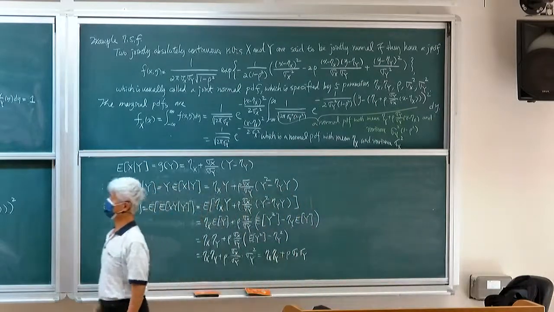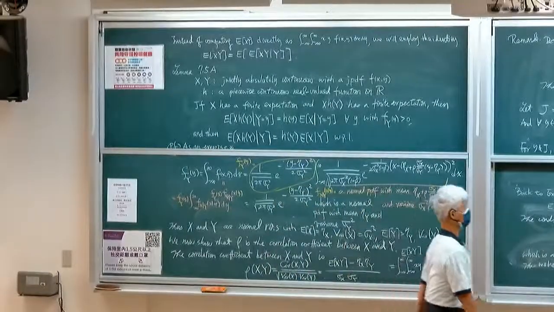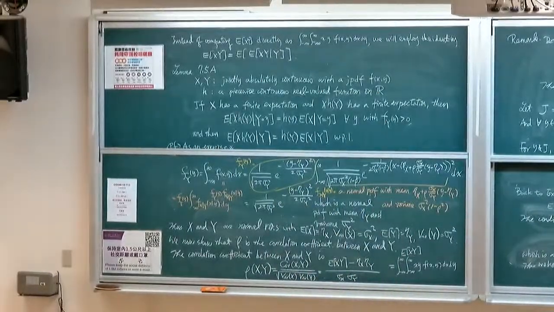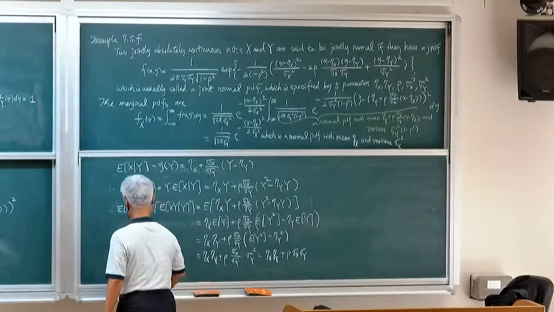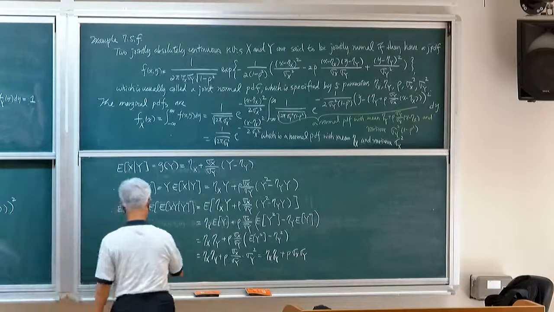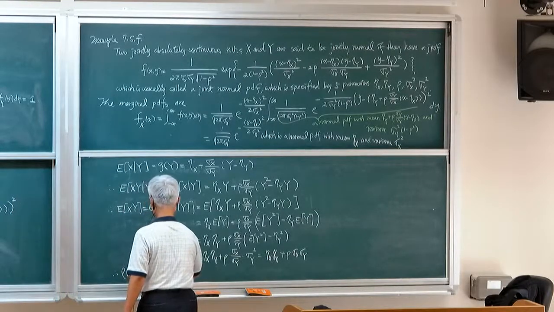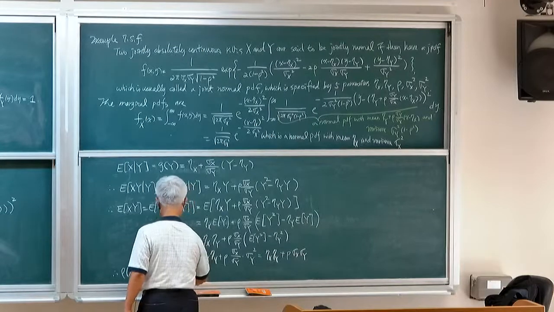And then we go back, now we are able to find the correlation coefficient here. So now rho of xy is equal to the expectation of xy minus eta x eta y, divided by sigma x times sigma y.